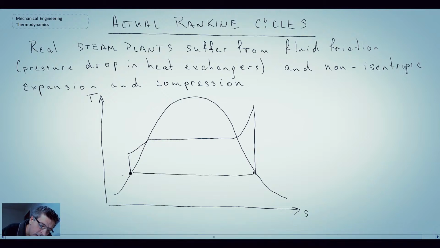So we start at state 1, we go in our pump to state 2, go through the boiler, superheat up to state 3, and then we expand down through the turbine and enter the condenser at state 4.